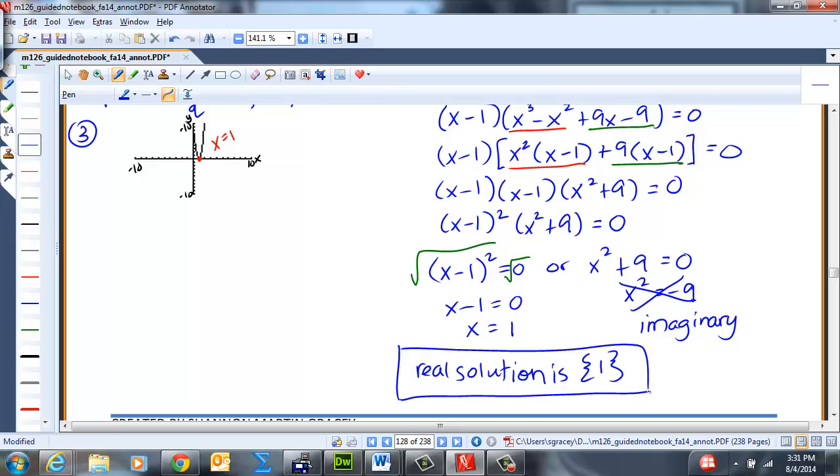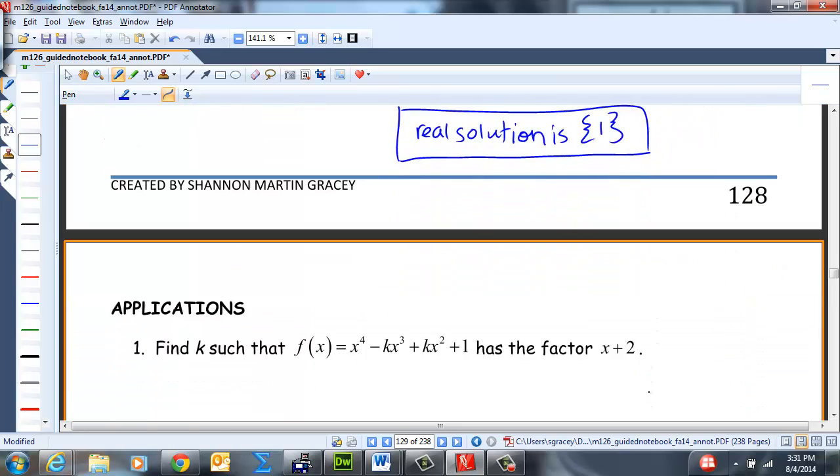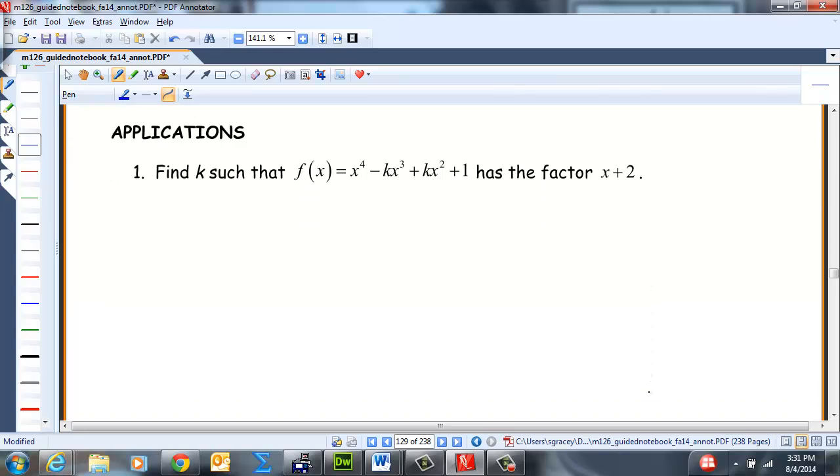Okay? All right, so here we go, a couple of applications. Find k such that f of x equals x to the fourth minus kx cubed plus kx squared plus 1 has the factor x plus 2. So here we go. For x plus 2 to be a factor, remember x plus 2 is x minus negative 2, so c would be negative 2.